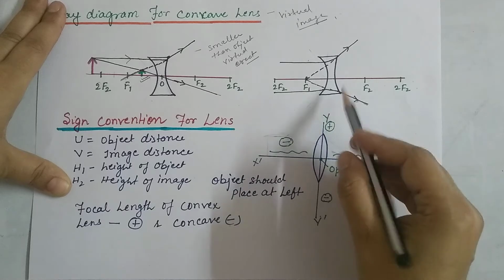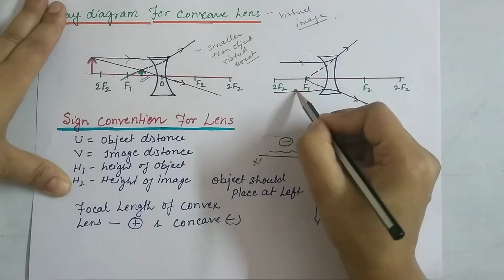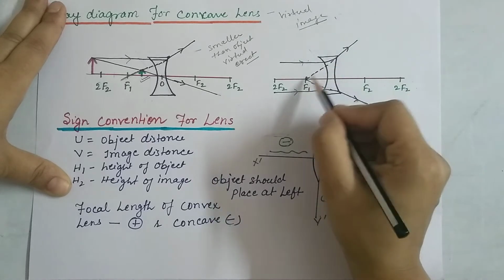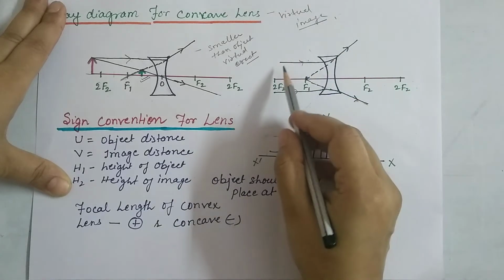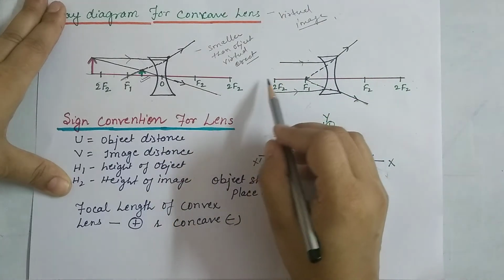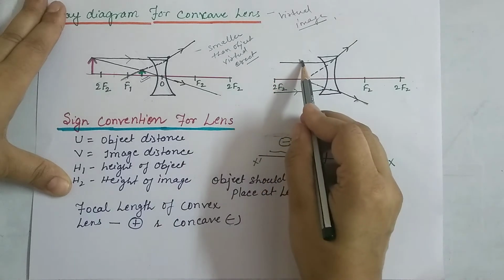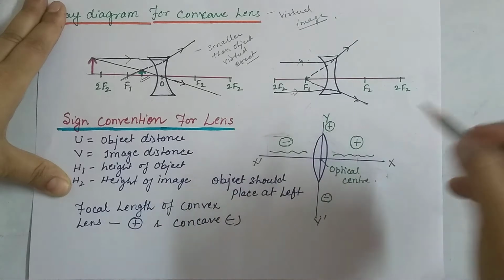Again here, when any incident light is parallel, it diverges as if it met at the focus. So here you are able to see that when the object is placed at infinity, the light rays incident parallelly, and we have to follow the rules that we have studied.